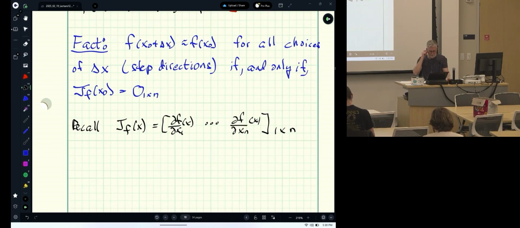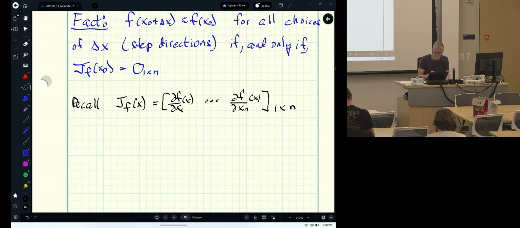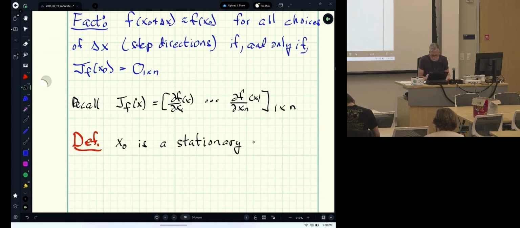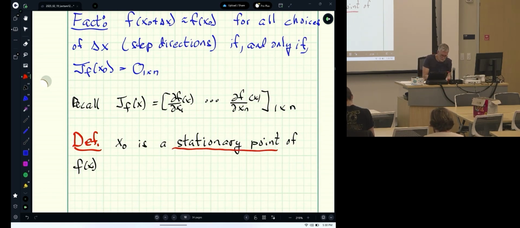So it's 1 by n, as we said it was. And so, definition: x0 is a stationary point of f of x if the Jacobian vanishes.